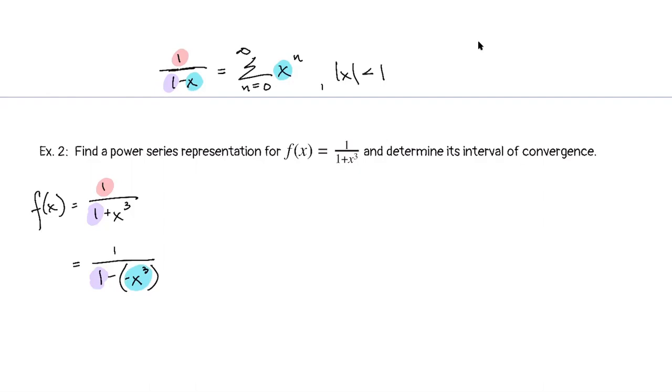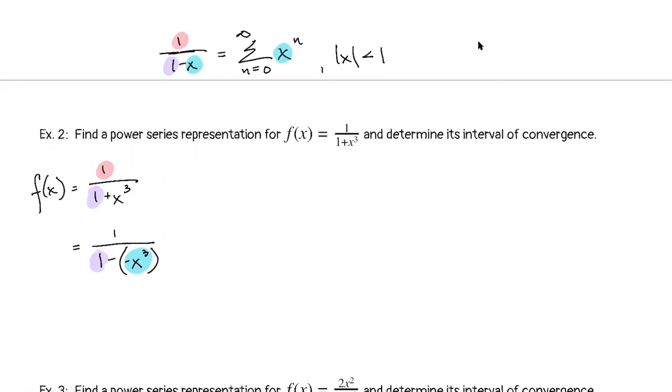Once we've created something that looks extremely similar to 1 over 1 minus something, we can substitute. Everywhere we see that x in the original example, we replace it with negative x cubed, not just in the infinite series but also in the radius of convergence.